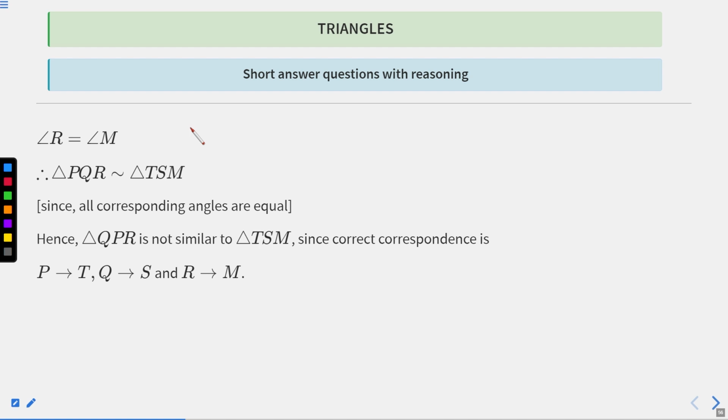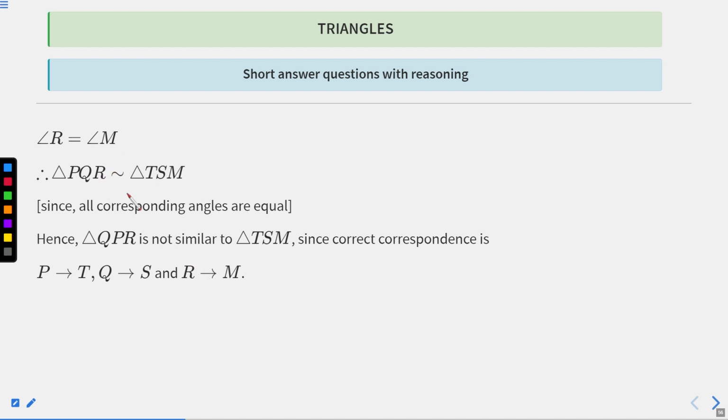It implies their corresponding sides are in the same ratio, by the similarity criteria. Therefore triangle PQR is similar to triangle TSM.